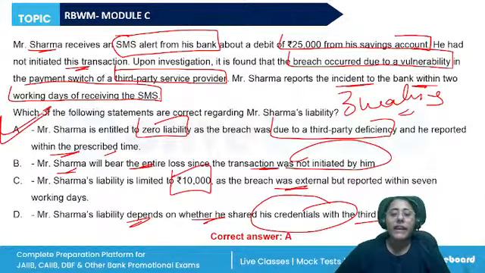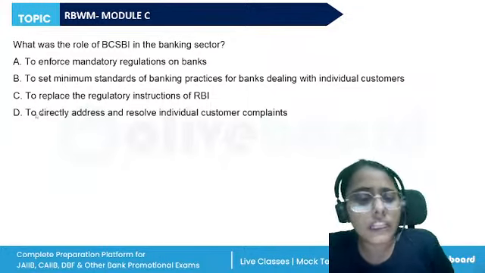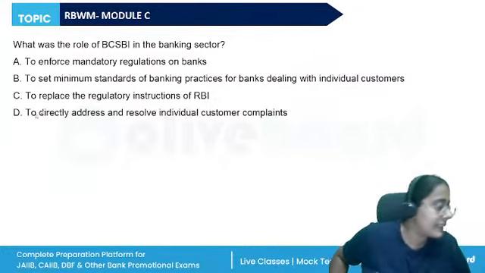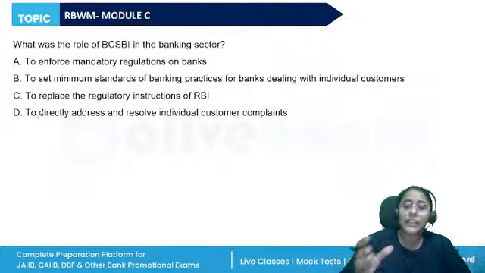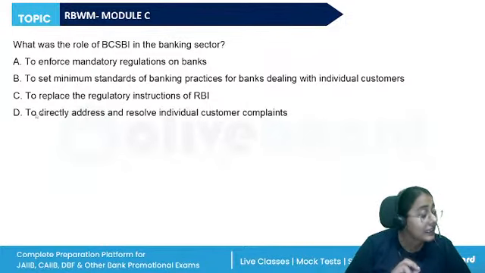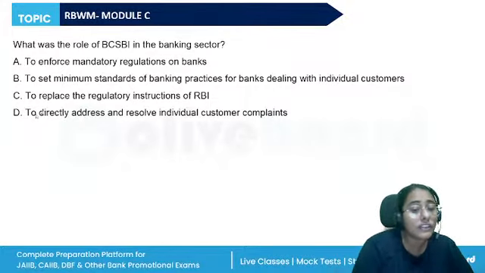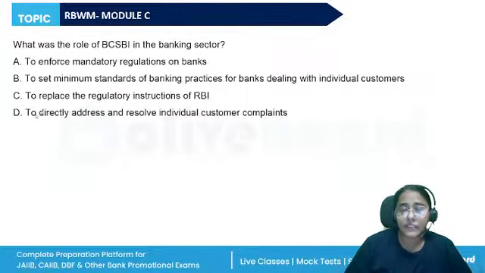Okay. There will be limited liability of the customer when the loss is due to negligence by the customer, which is the most common type. The customer shares their payment credentials, their OTP, so the customer will have to bear the entire loss until they report it to the bank. Any loss that occurs after the reporting of the unauthorized transaction will be borne by the bank. Limited liability of the customer in this scenario when there's a delay.